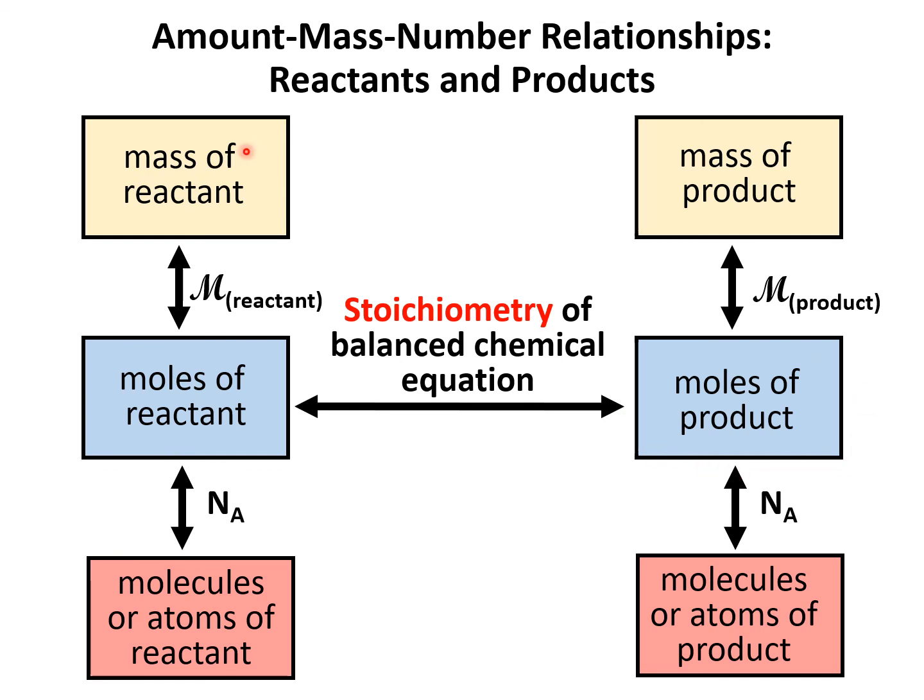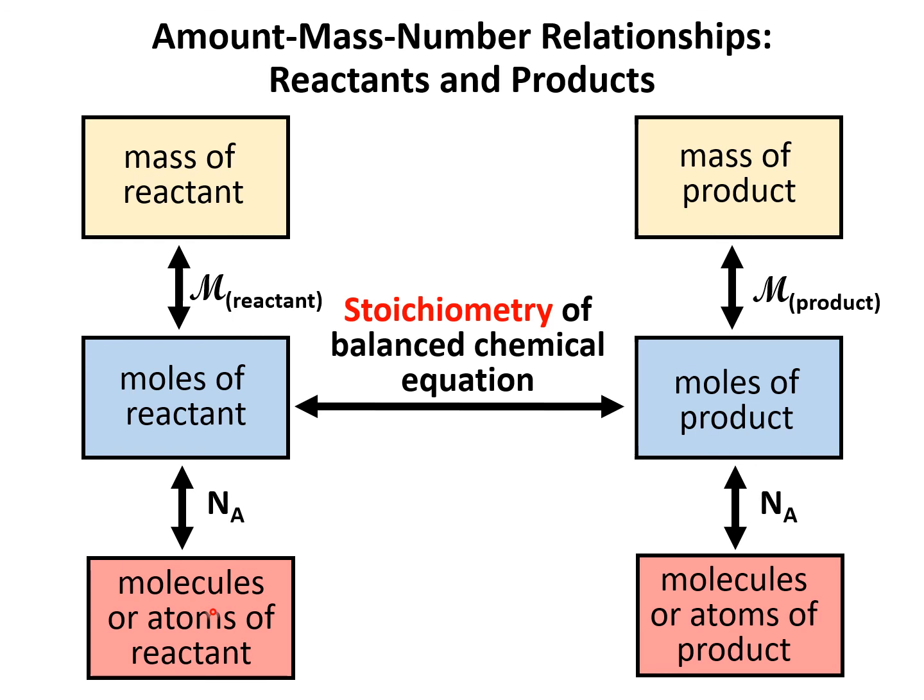So we can see from this calculation diagram, given either the mass of a particular reactant or the number of moles or number of atoms of that reactant, we can use this information to calculate the number of moles of reactant, and then using the stoichiometric coefficients in the balanced chemical reaction, we can relate the number of moles of reactant that we start with to the number of moles of product that will be produced. And then from here, we can calculate either the mass of product that's produced or the number of molecules or the number of atoms of product that's produced.